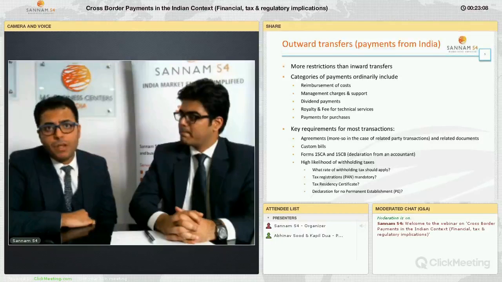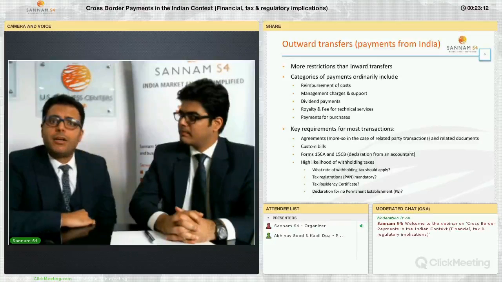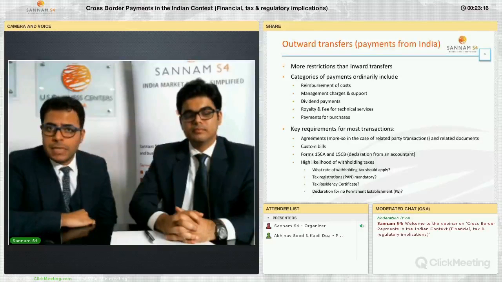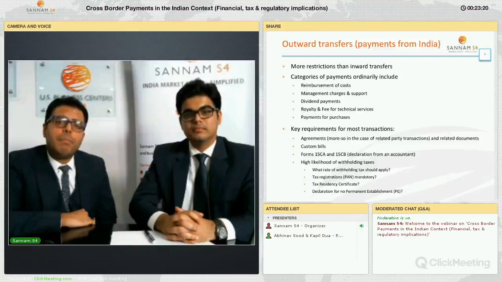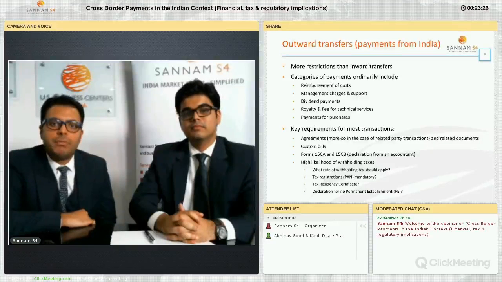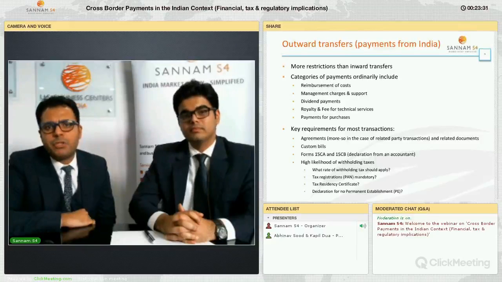Dividend payments, so again, dividend which the Indian company has earned and is going overseas. Royalties and fees for technical services from the Indian subsidiaries, Indian businesses, Indian joint venture partners of yours who are making payments for royalties, and payment for purchases when you are importing from India. So you do need to make payment for those purchases. These are a few categories of payments for which you do need to make payments out of India.